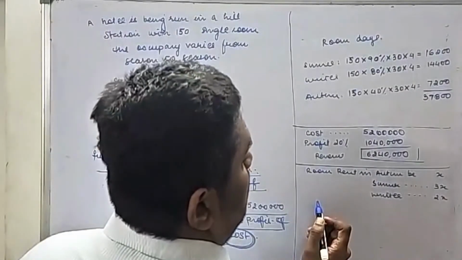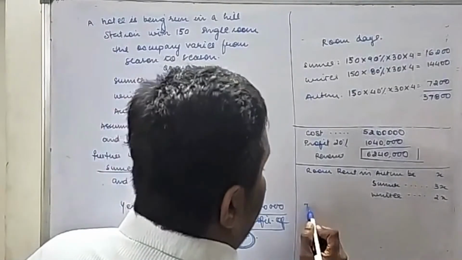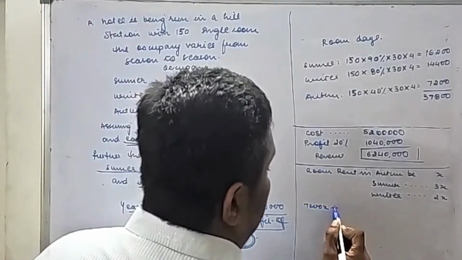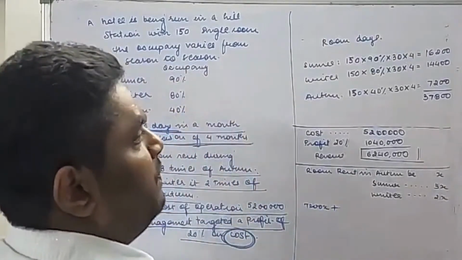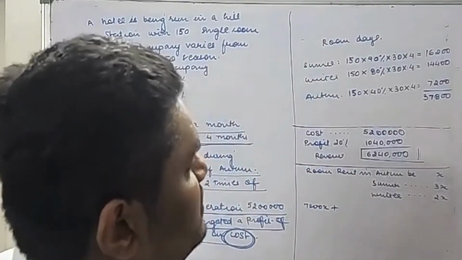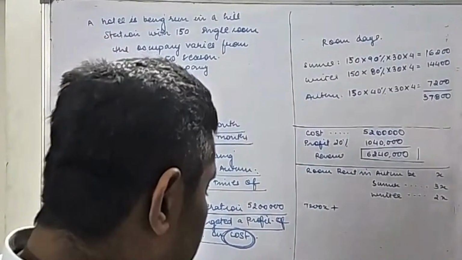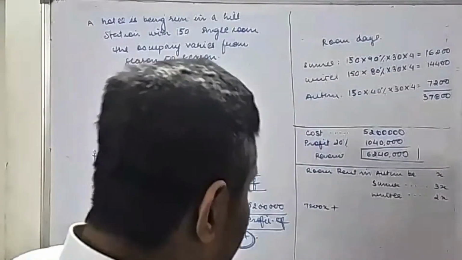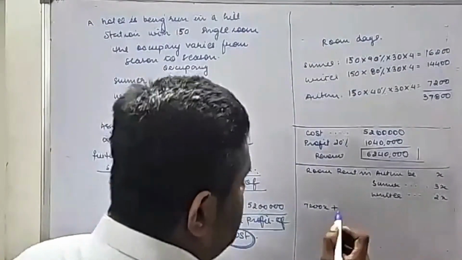So autumn it is X, so 7,200X plus summers it is 3X, so 16,200 into 3, that is 48,600X.